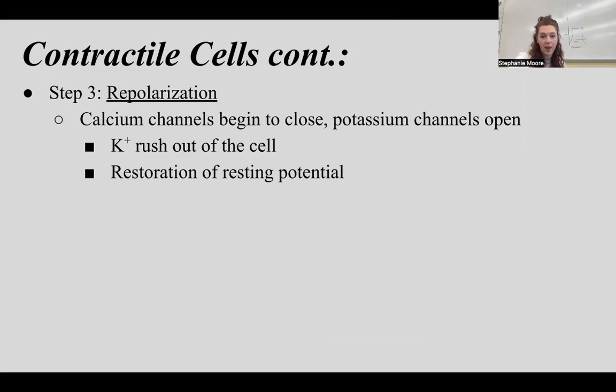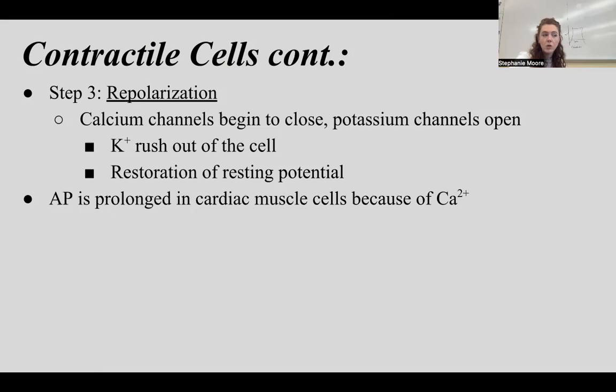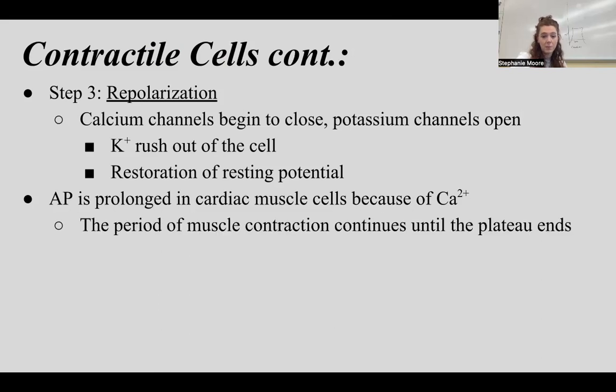So really for cardiac, the only step that is different is step 2. The action potential of a cardiac muscle cell is prolonged. Remember, it pauses and takes a little bit more time, prolonged because of calcium.